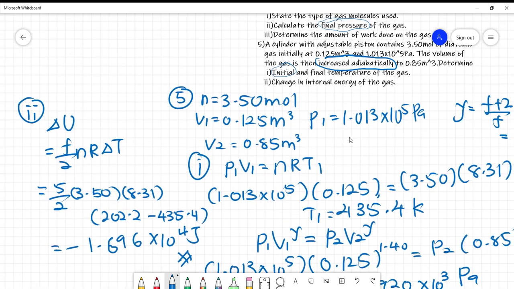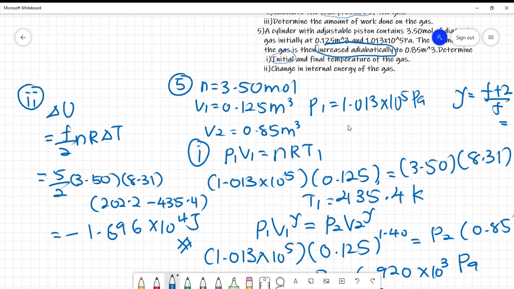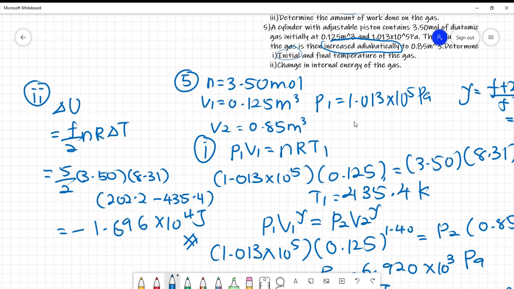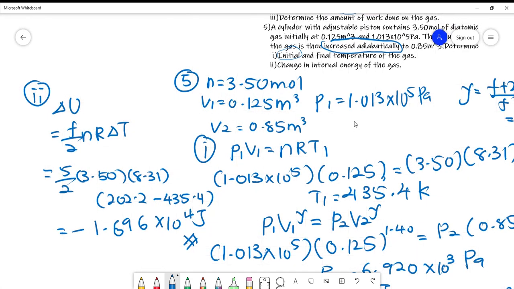Since the process is adiabatic expansion, the internal energy of the gas decreases after the work is done, and hence our temperature also decreases.